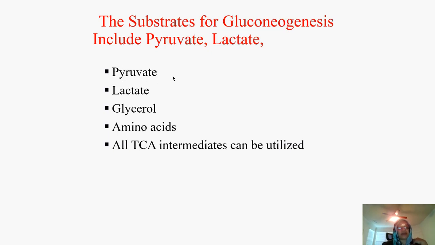We have pyruvate, which has 3 carbons. Lactate has 3 carbons. Glycerol also has 3 carbons. Amino acids depend on the type of amino acid, whether they have an R group that contains many substituents or not. But here we use the carbon skeleton part of the amino acid. So amino acids also can provide us with carbons.